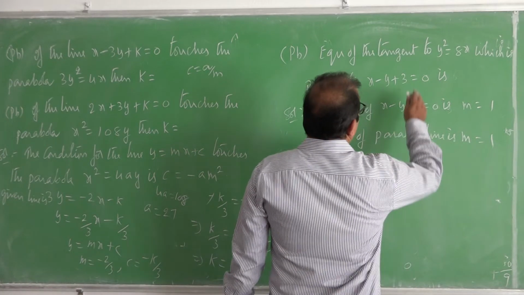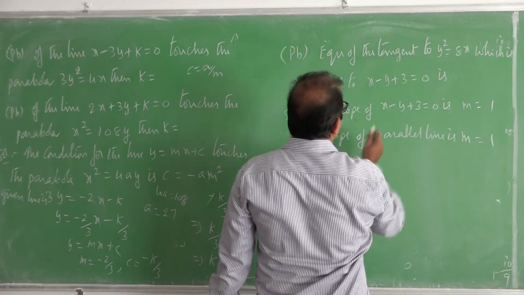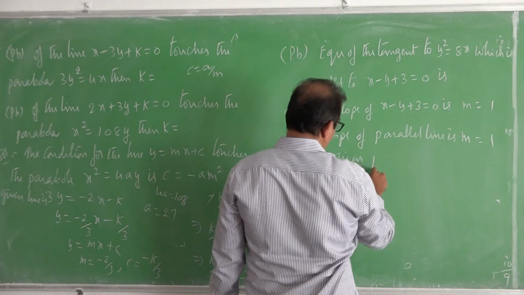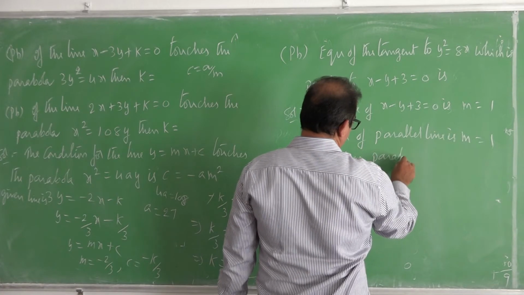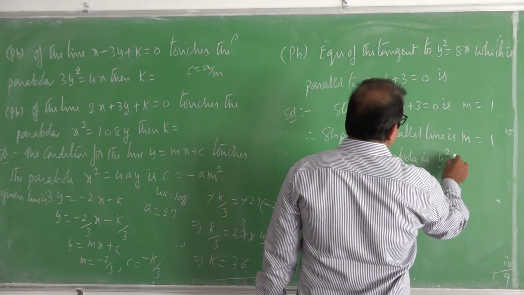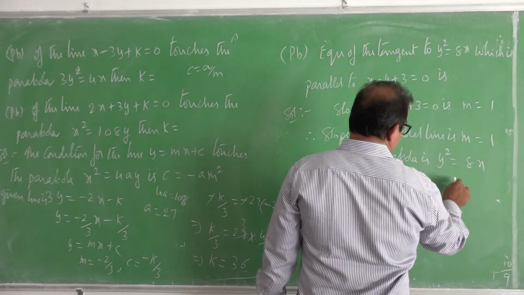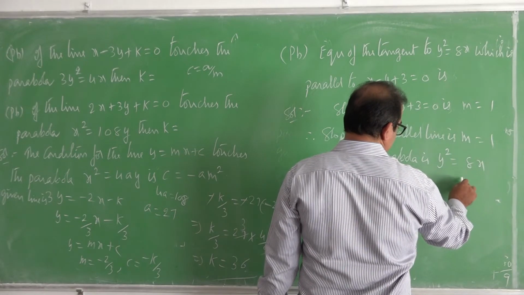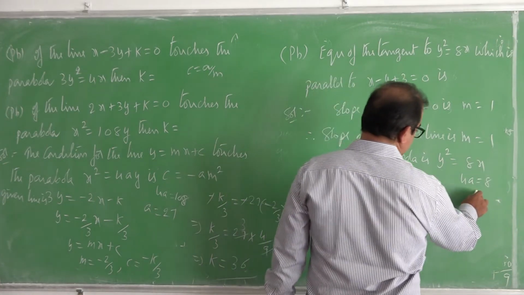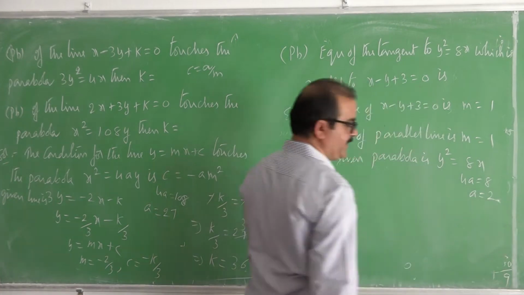Okay. What is the given parabola? The given parabola is y square is equal to 8x. Compare with y square is equal to 4ax. Then 4a is equal to 8. So a is equal to 2.